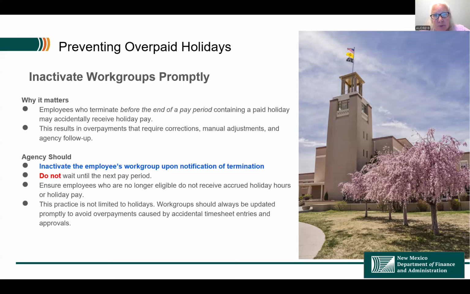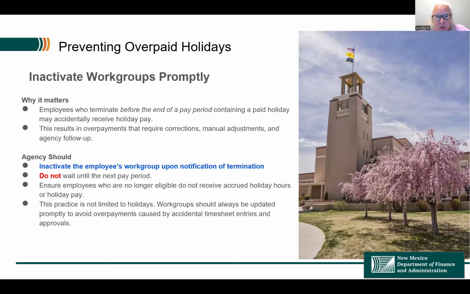or be on approved leave both the day before and the day following the holiday. If I terminate on the 4th of July, there is no way that I can have worked or been on approved leave the day after the holiday. And therefore, I would not be entitled to holiday pay for the 4th of July.